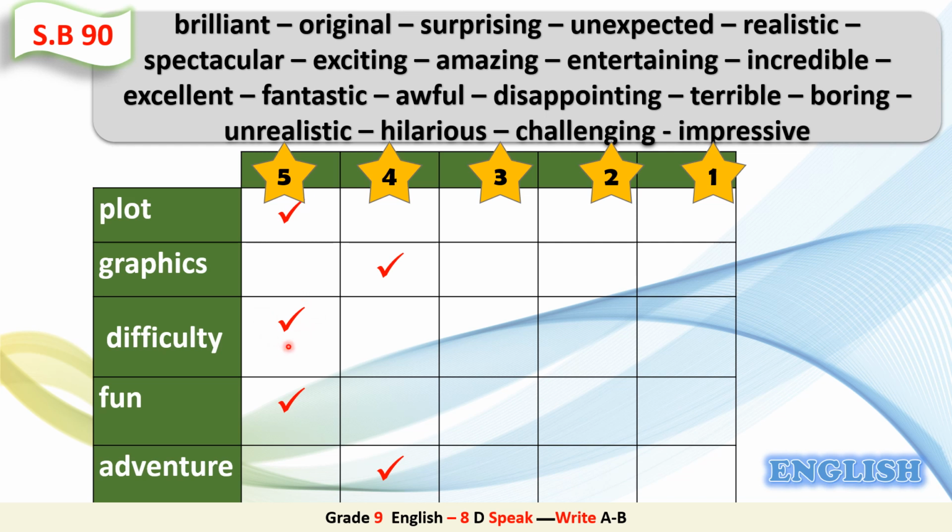As for difficulty, he thinks the game is challenging, as he has given 5 to difficulty. As for fun, he thinks it's hilarious. He has given 5 here. And as for adventure, he thinks it is challenging. So this is what you are going to do, to fill in the box and to describe the game using these adjectives.